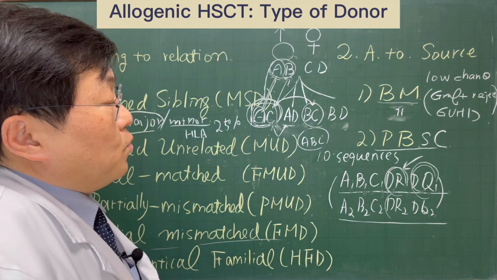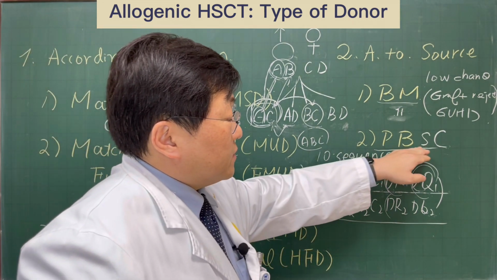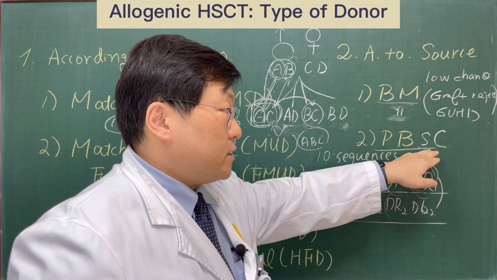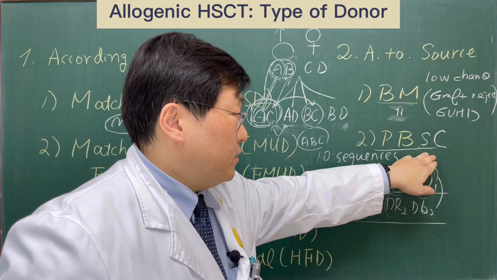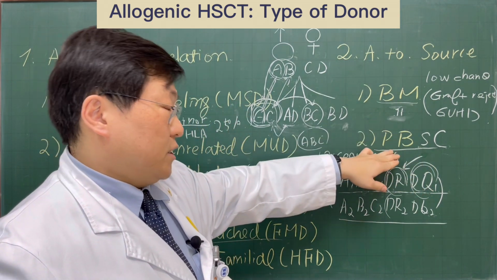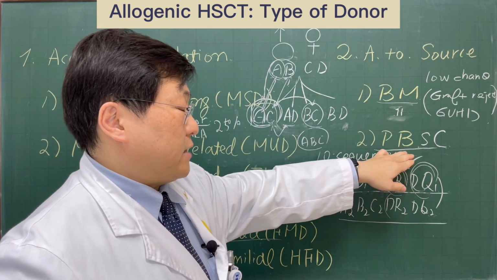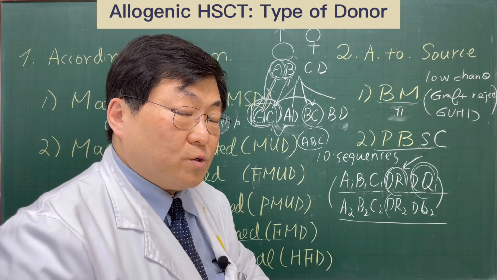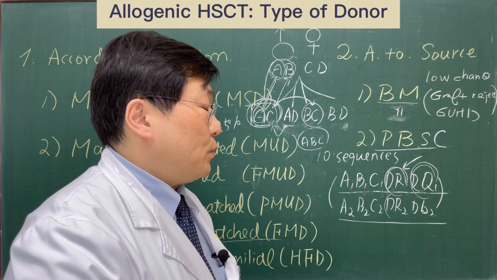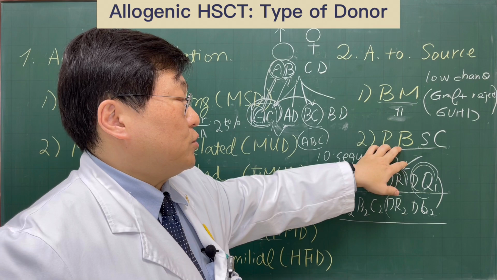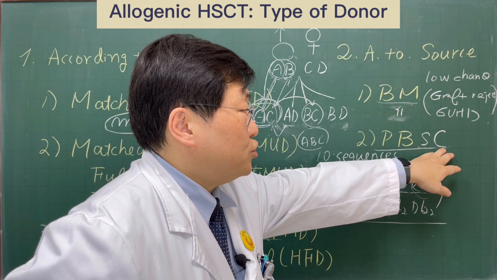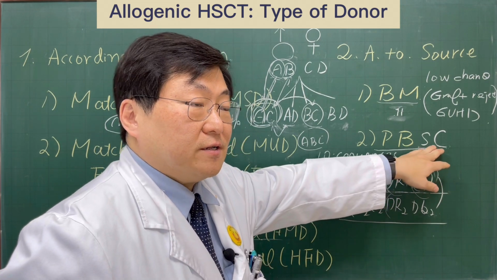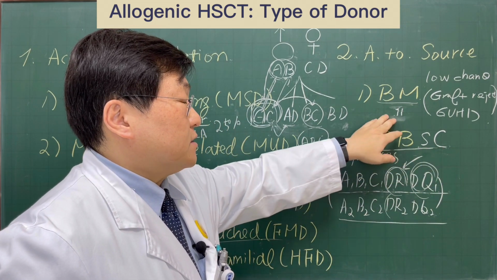So we usually use the peripheral stem cell source nowadays because it is easy to access the graft stem cells. We can just collect the stem cells from the peripheral blood of the donor after giving some conditioning, such as G-CSF and some sort of priming regimen, in a very simple way.